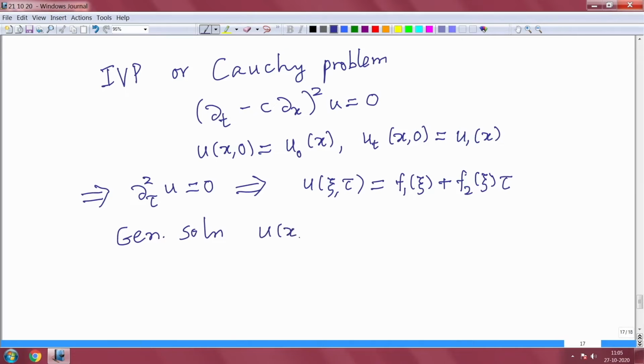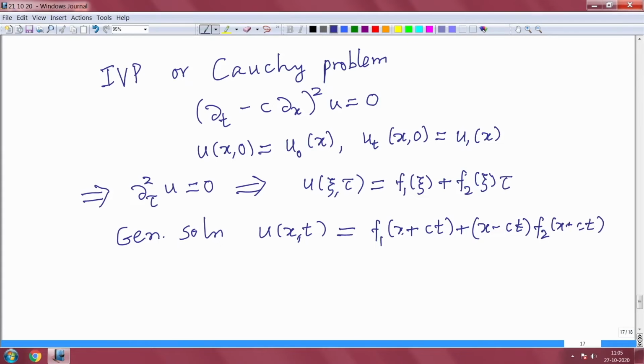So, now again I write in terms of the original variables x and t. Okay. So, this f 1 of x plus c t, so tau is x minus c t, f 2 of x plus c t.